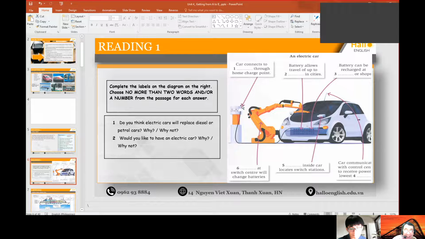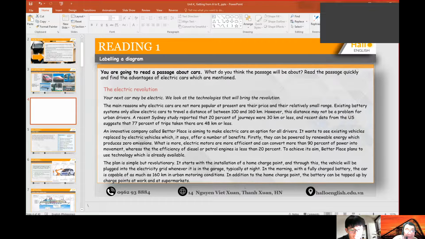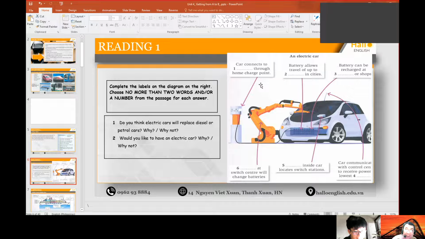It's like this, and it is the home charge point. But we use home charge point in here.